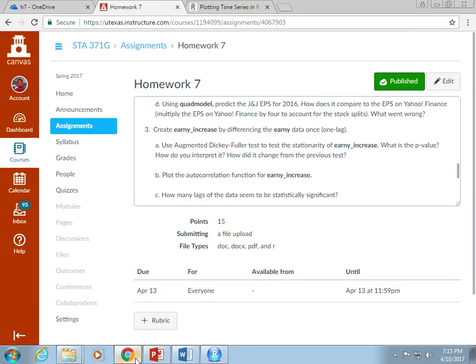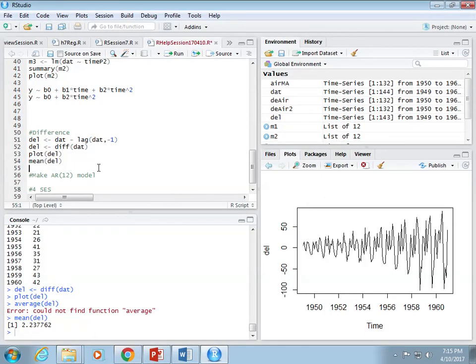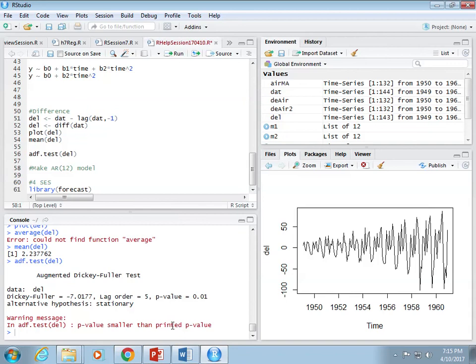So you can run the ADF test on that again. I still wouldn't just say it's stationary, but you'll probably note that the p-value gets really small, because now it's even more stationary than before. That's mostly what you're trying to test. There are a lot of different ways to difference.